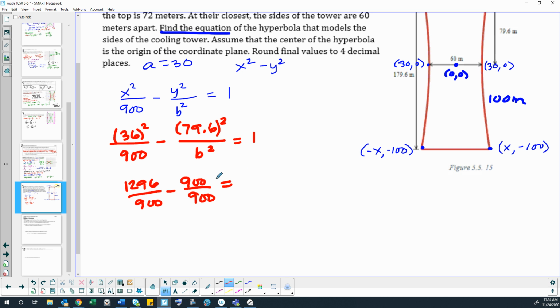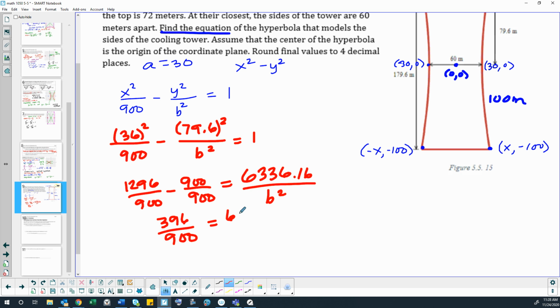So let me find 79.6 squared is 6,336.16 over b squared, which we don't know yet. Alright, so we've squared our numbers, we've moved things around, we can turn this into a single fraction over here now. So calculator. 1296 minus 900 is 396 over 900.